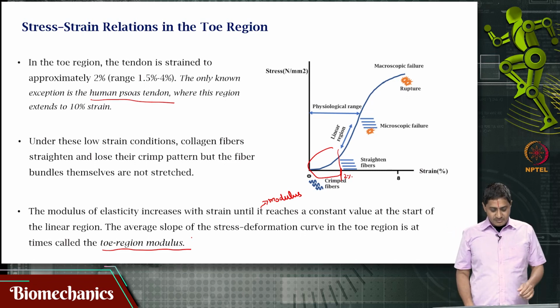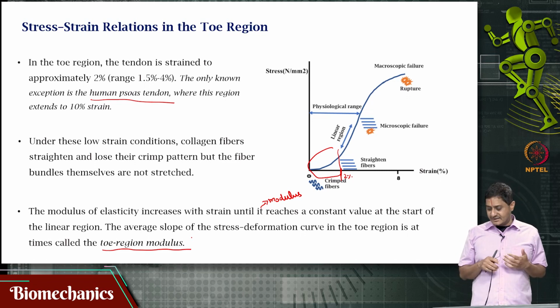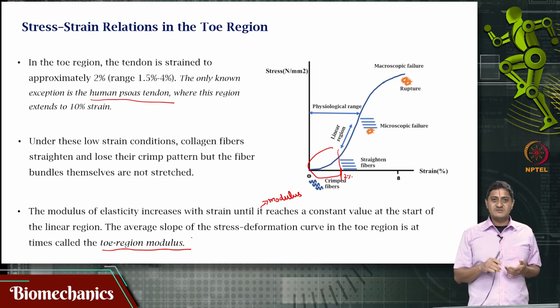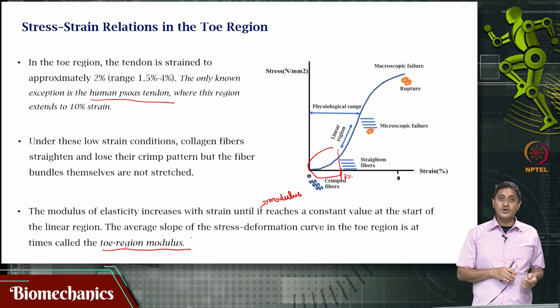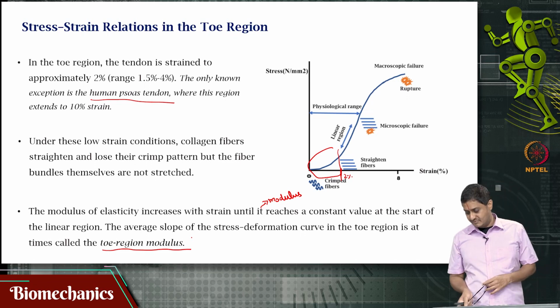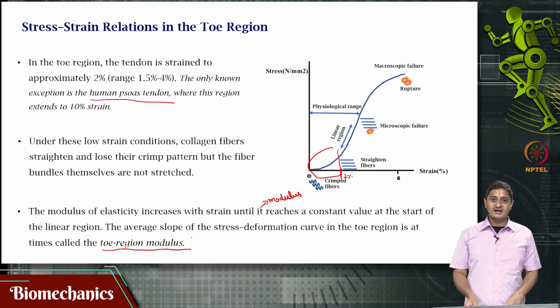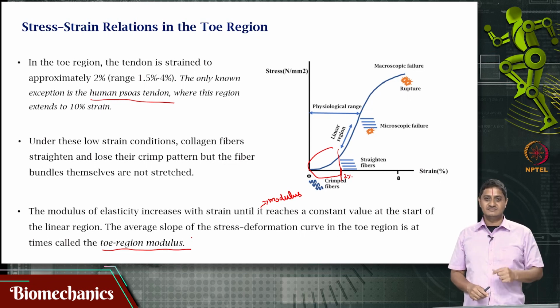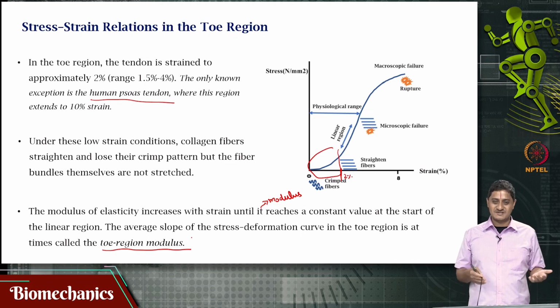But sometimes, depending on the selected level of analysis, people use this as the toe region modulus. By definition, there is no such thing as a toe region modulus. You have toe region moduli in plural, many moduli.